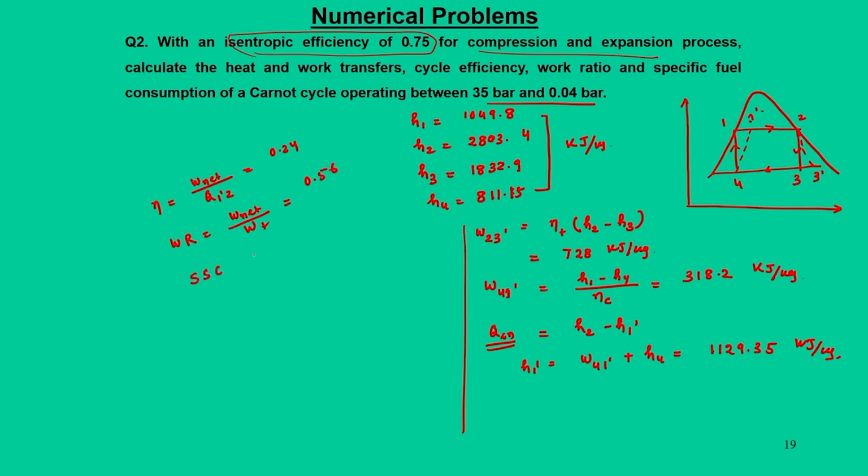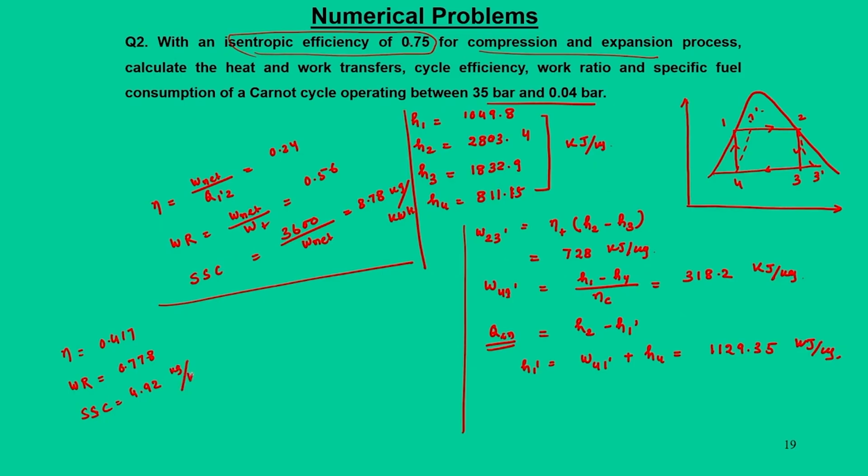SSC is 3600 divided by W net, and this number is 8.78 kg per kilowatt hour. If you see our previous data, the efficiency was 0.417, work ratio was 0.778 and SSC was 4.92 kg per kilowatt hour.